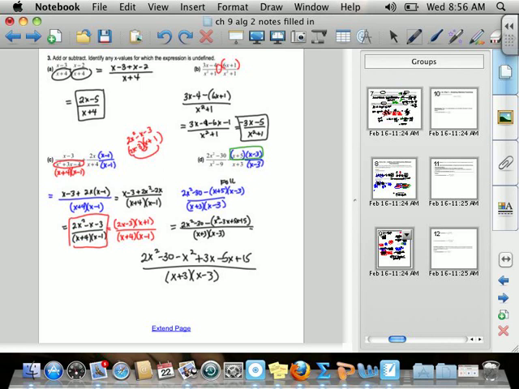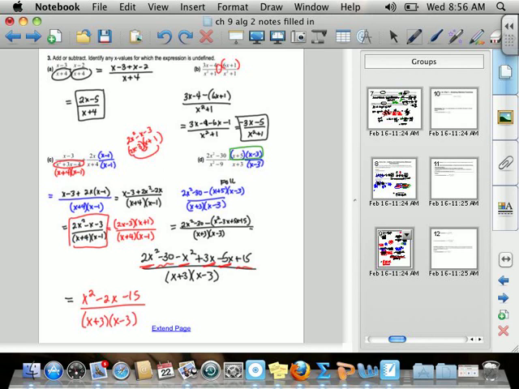Combine your like terms. So when you do that, you have 2x squared minus x squared, so you have x squared. You have 3x minus 5x, so negative 2x. You have negative 30 plus 15, so negative 15. All over x plus 3 times x minus 3. Okay, now you're almost done.